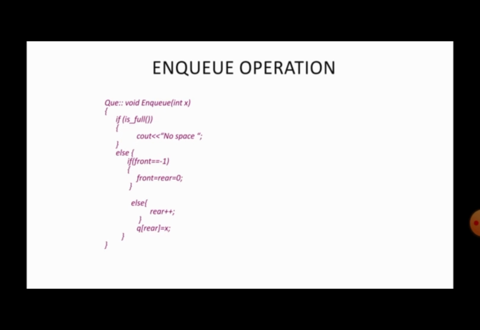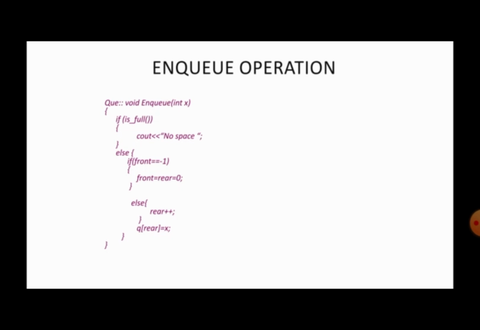So if the isFull method returns true, then we will simply display the message there is no space and we will exit from this method. What if there is space? Definitely if the isFull method returns false, then that means there is space in the queue.